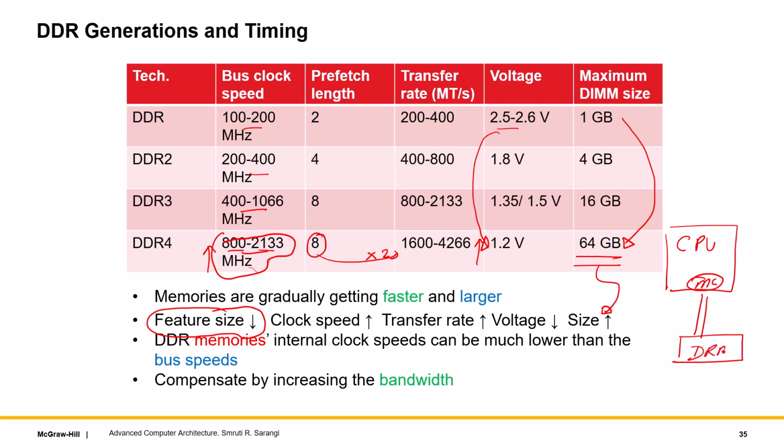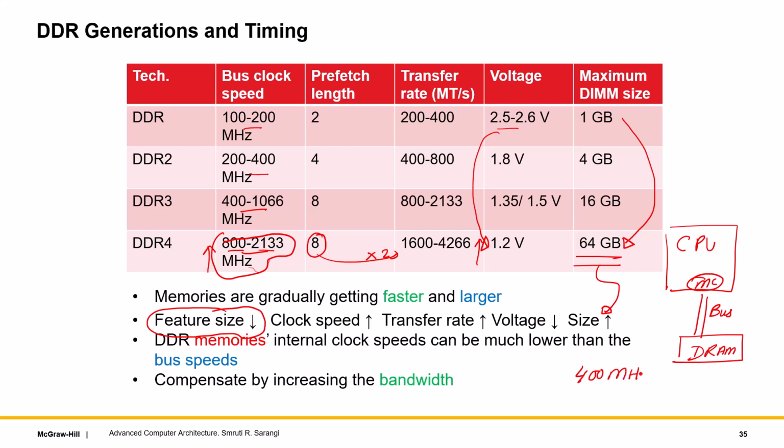All right. So this is what is happening. So the internal speed of a DRAM actually need not be this high. This is of course the speed of the bus, and the bus speed is high. Let's say the bus speed is 800 megahertz. The internal speed can be much lower. Let's say it is 400 megahertz.